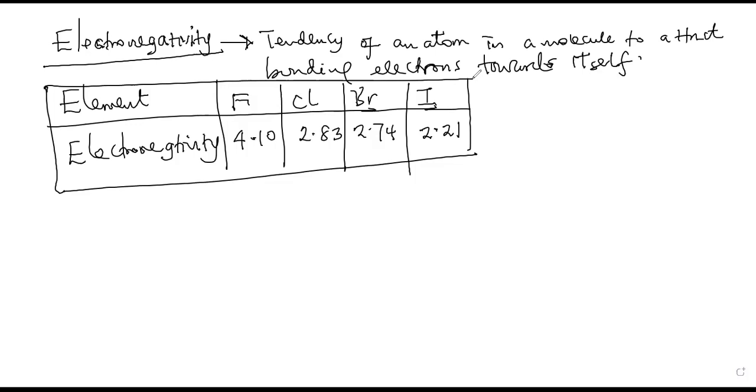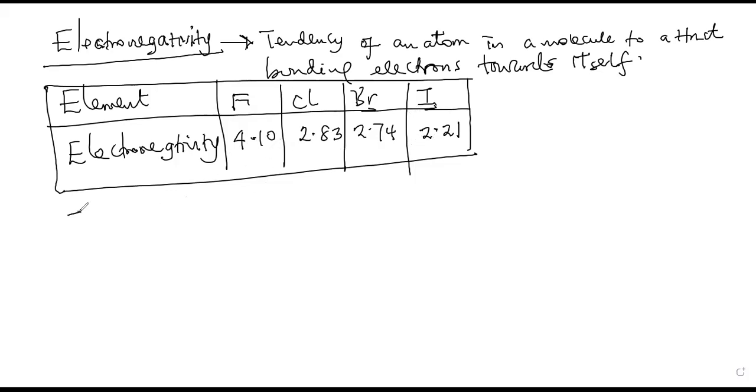Let's see how. When you look at these values, you can see that the electronegativity value generally decreases from fluorine to iodine.